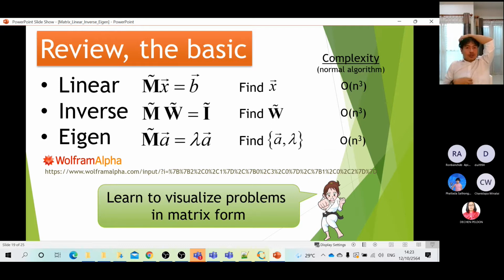What do you think is the O function? 8. So that means the computing power is 8 times bigger than the previous problem. And that's why it's difficult to keep increasing the size of the matrix, because at some point you hit the limitation of your computing power.